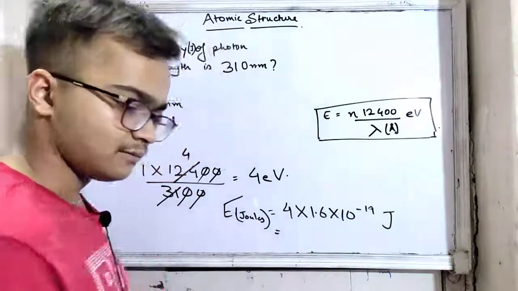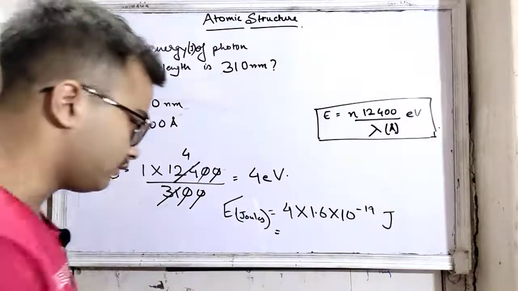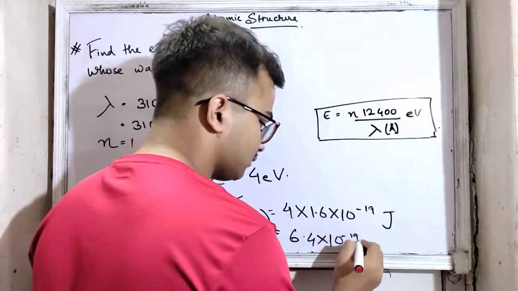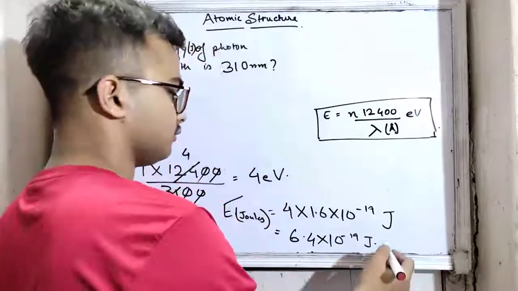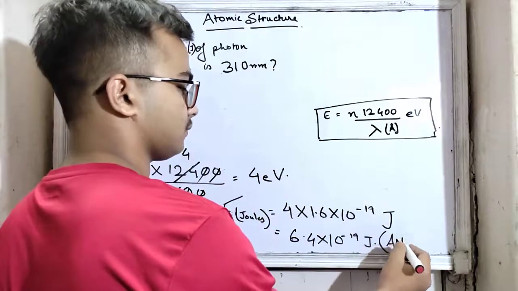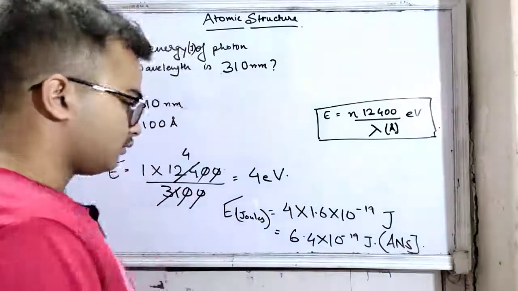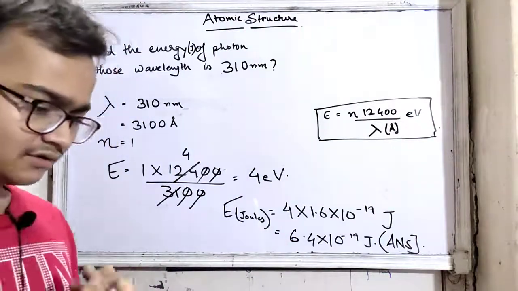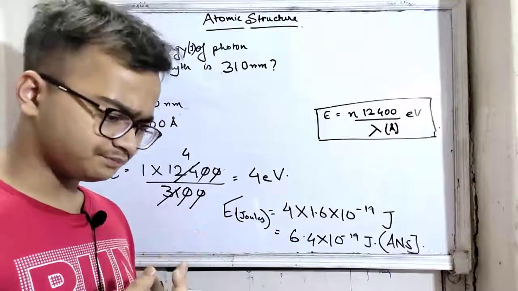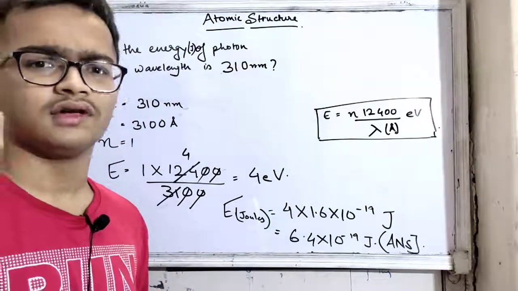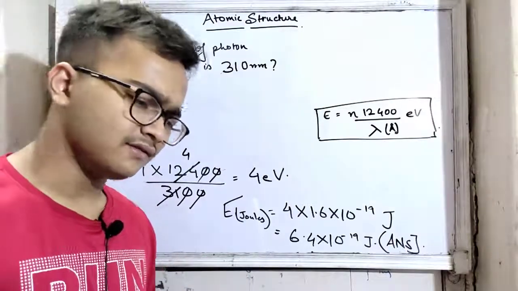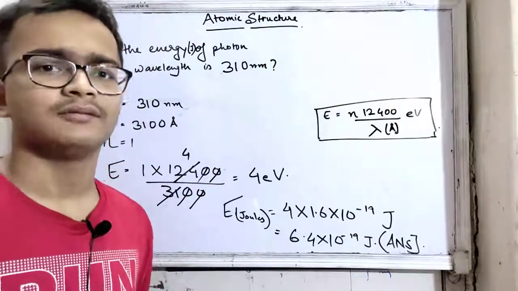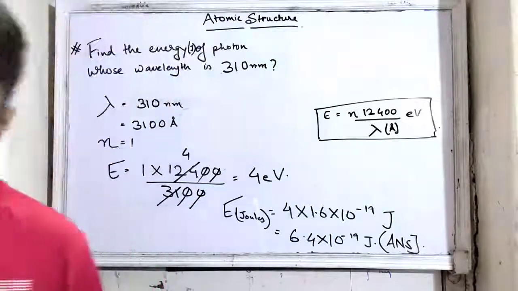So the answer will come around 6.4 into 10 to the power minus 19 joules. So this is your answer. This was a very simple and basic question in Planck's theory. After this, let us now discuss the Bohr theory about the Bohr radius and the velocity of an electron. So copy it up to this much, then I will rub the board and we will continue further.